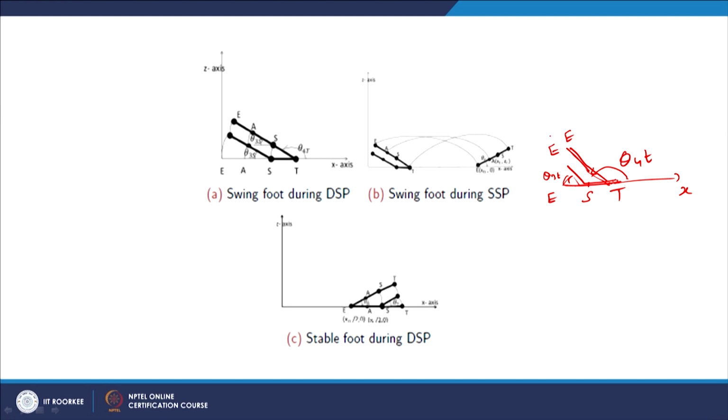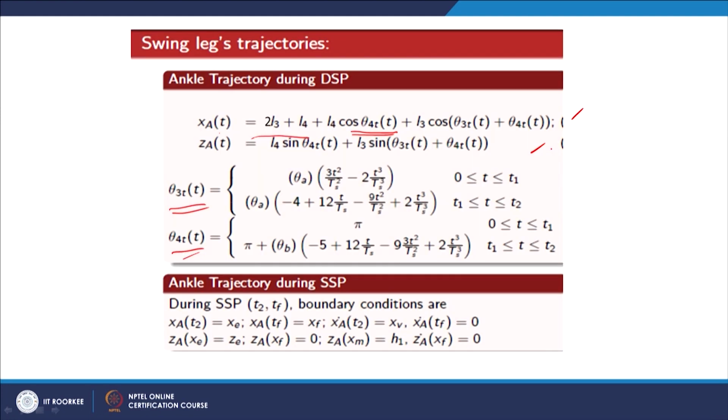So, using this 2 degree of freedom model, we can write the kinematics equation and solve it. We can write the motion theta 3 t as a polynomial, because we are dividing the time from 0 to t2. This is the double support phase, that is, both the legs are on the ground, during T0 to T2.